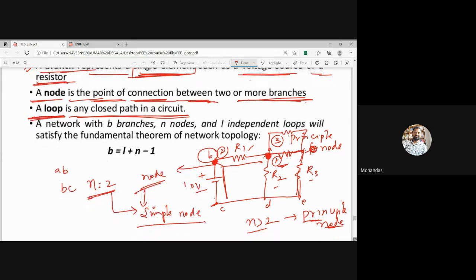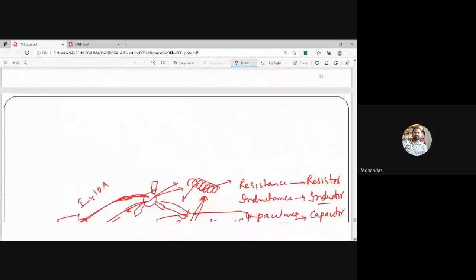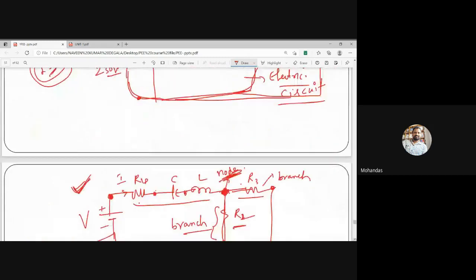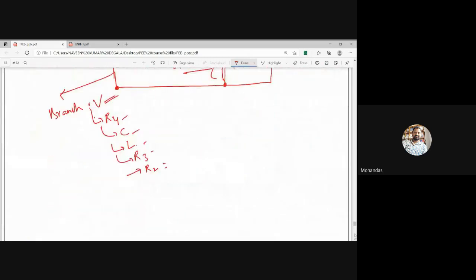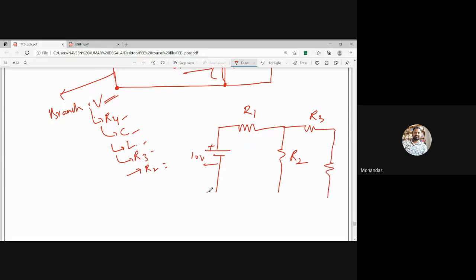Suppose R1 is resistor 1, R2 is another resistor, R3 is another resistor, and there is another R4.